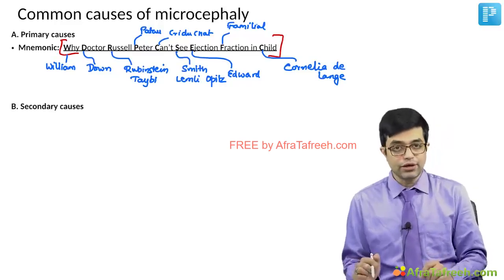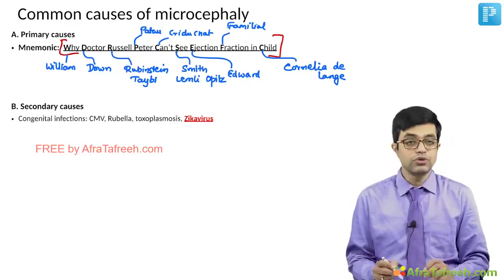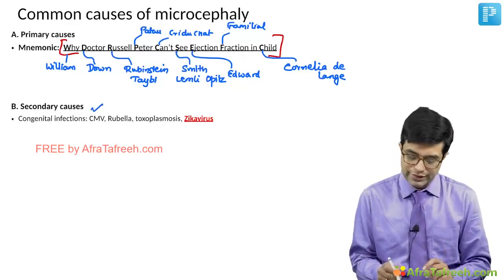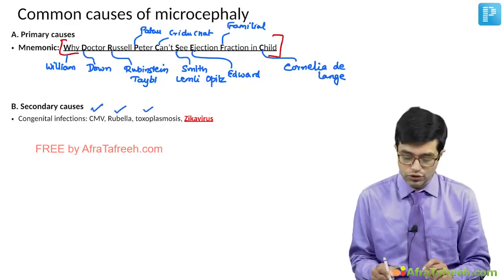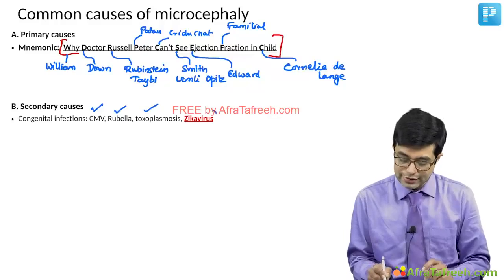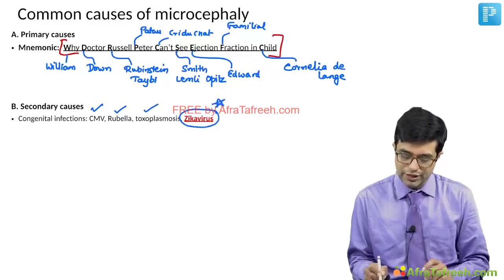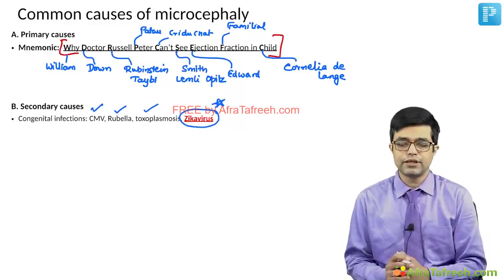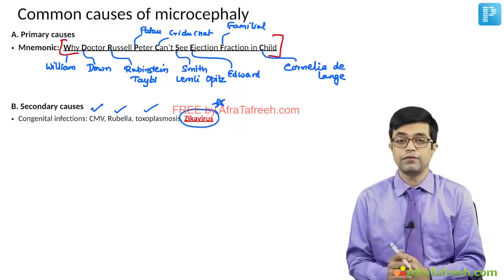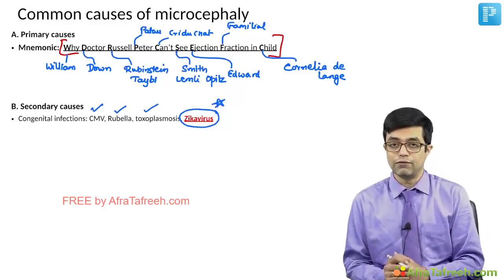Next, we move to the secondary causes. The secondary causes include congenital infections like congenital CMV, congenital rubella, congenital toxoplasmosis, and Zika virus. Zika virus is a hot trending topic because congenital Zika virus infection is one of the common causes of microcephaly, as you can see worldwide.